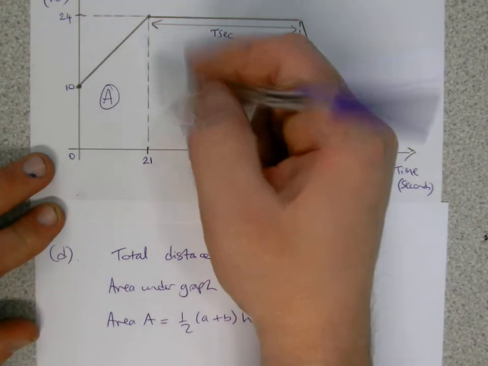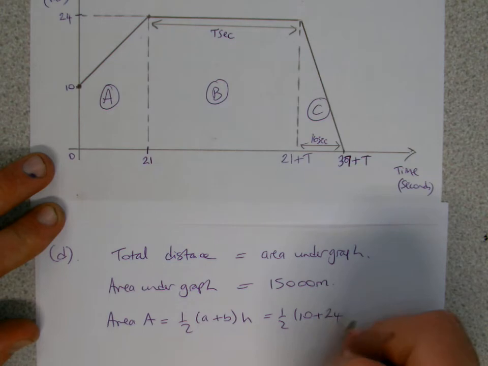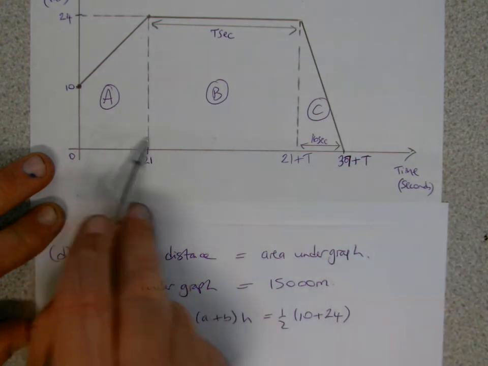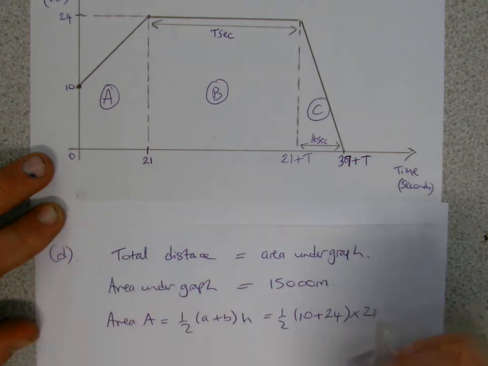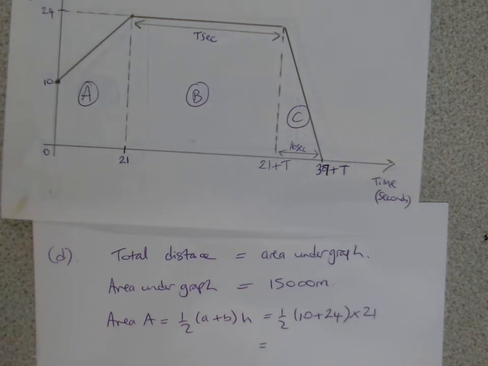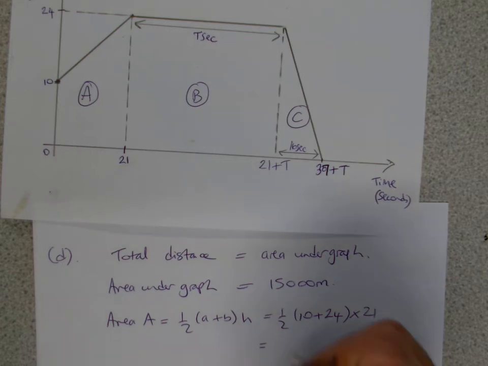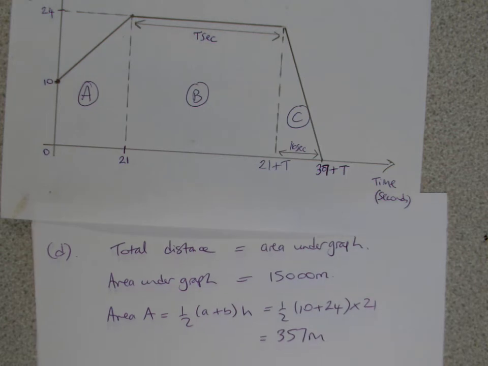That's your B here, that's 24. And the height between them is 21. So we'll work that out, and we get 357 meters.